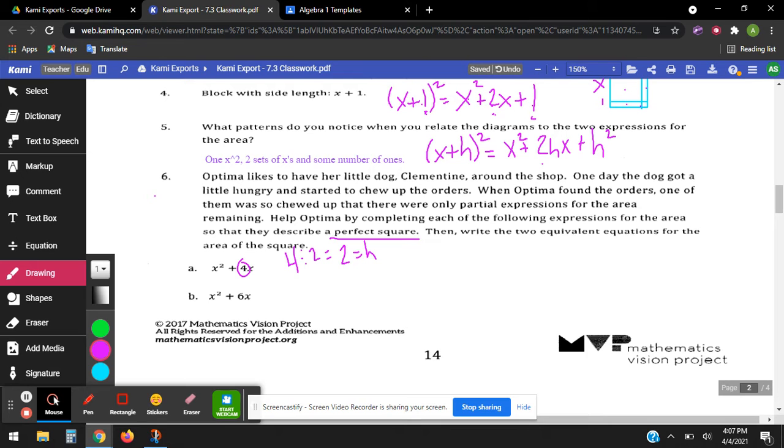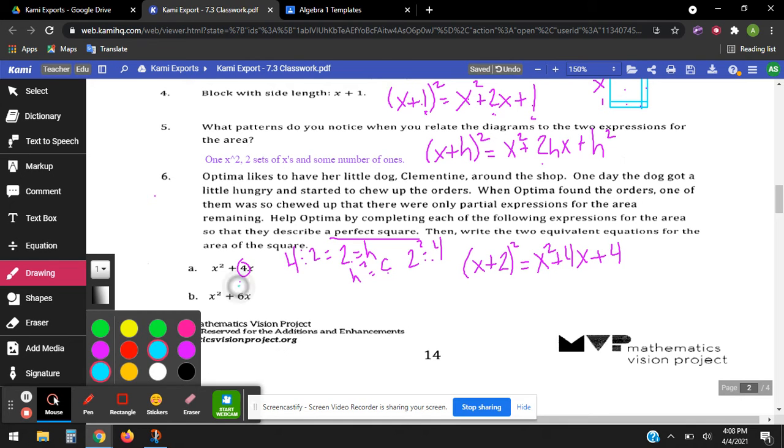So then h squared equals c, 2 squared equals 4. So that means x plus my h, which is 2 squared, is going to equal x squared plus 4x right here, plus c, which is 2 squared, which is 4.